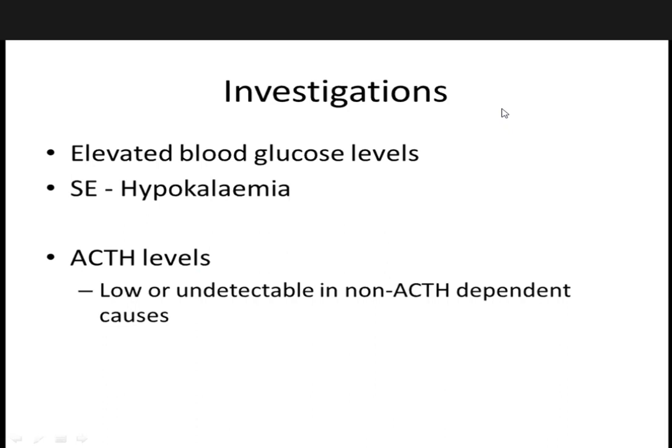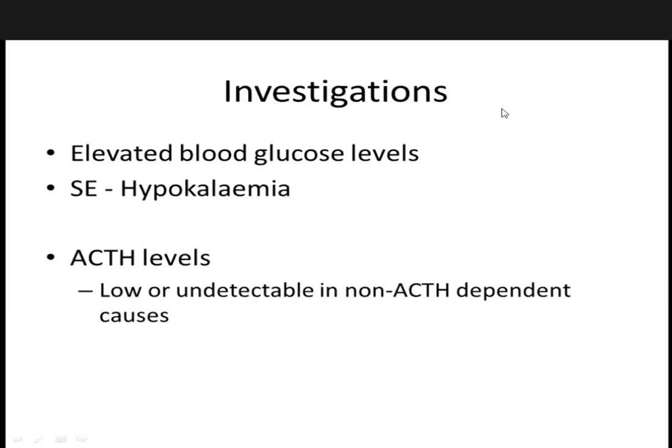In addition, when you check the patient's blood pressure, it may be on the higher side. So a young hypertensive patient with features suggestive of Cushing syndrome, immediately you have to start thinking about Cushing syndrome. Then you do the basic investigations.